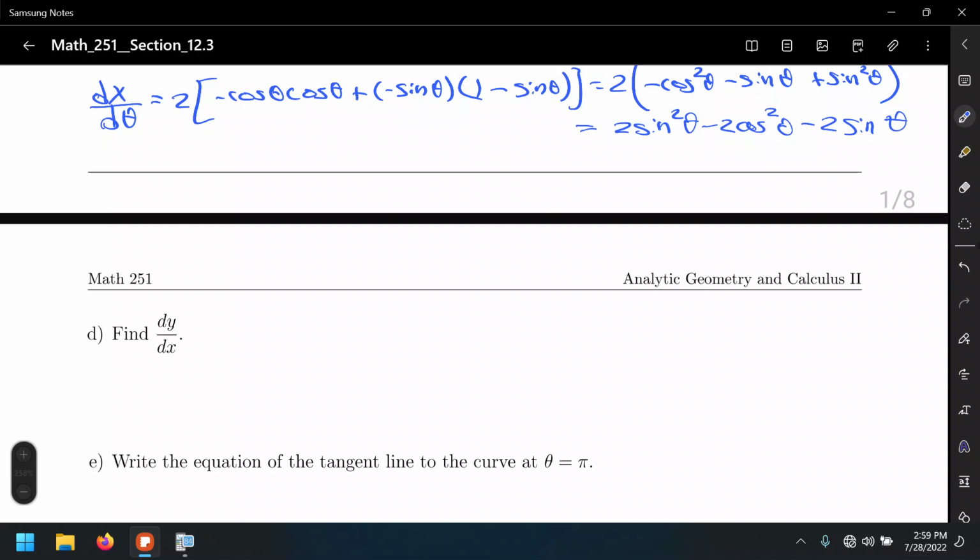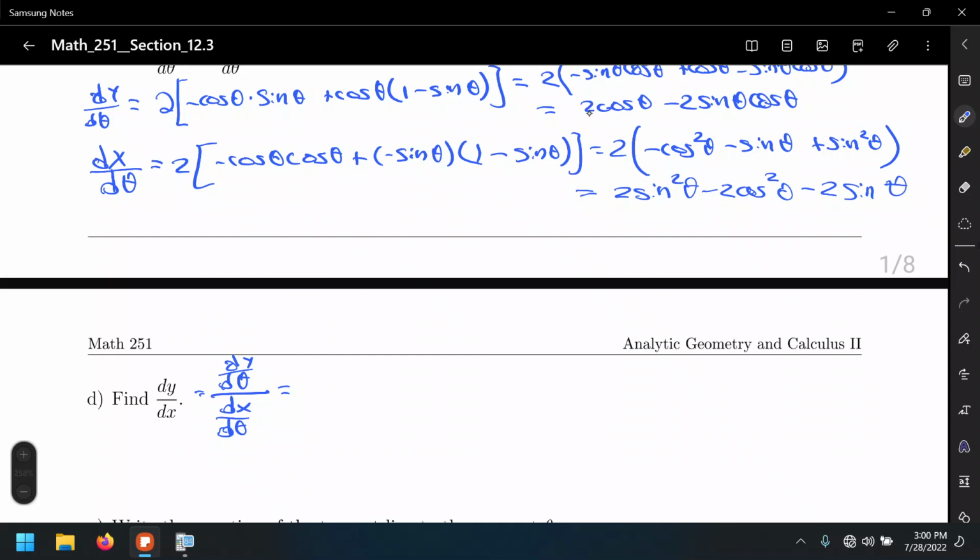So dy dx is, by the way, dy d theta over dx d theta. So dy d theta, we got that is 2 cosine minus 2 sine theta cosine theta, divided by, in this case, 2 sine squared minus 2 cosine squared minus 2 sine.